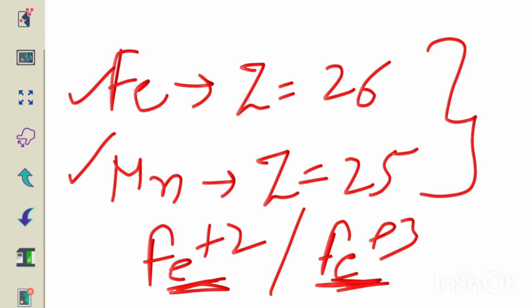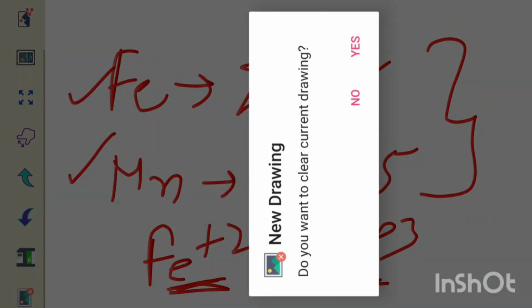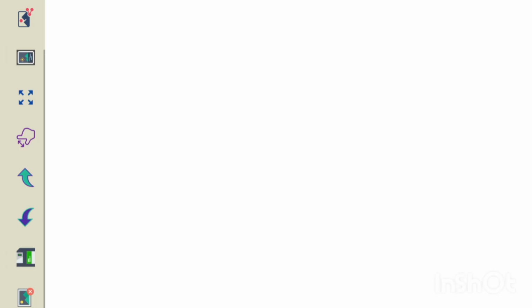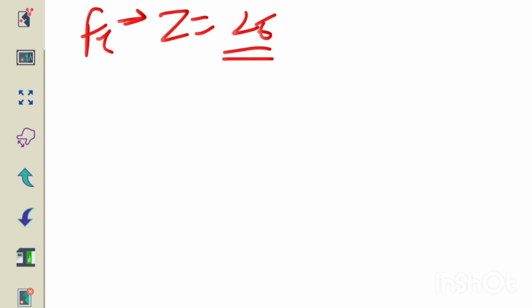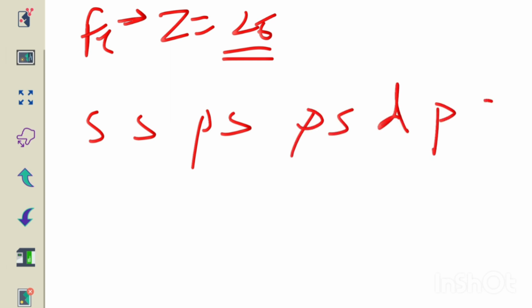As a hint, I will tell you about iron. For iron, Z is equal to 26, right? So we will write s, p, s, p, s, p, then d, p, s. This way it will be enough. So you will write 1, 2, 3, 4, and this will be 5.